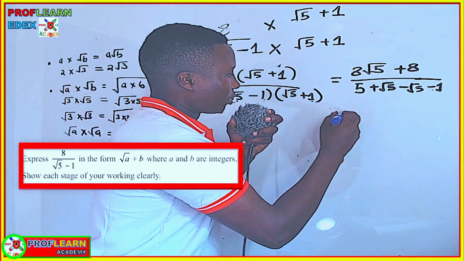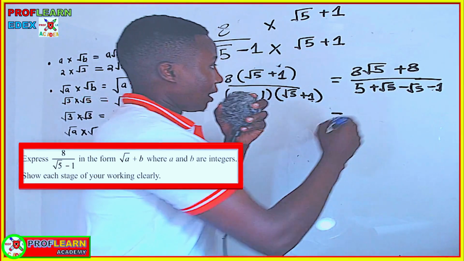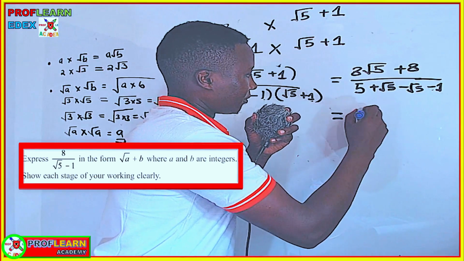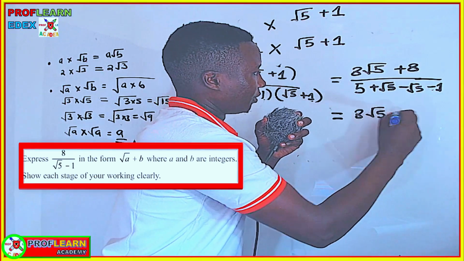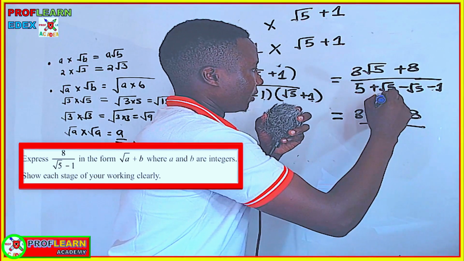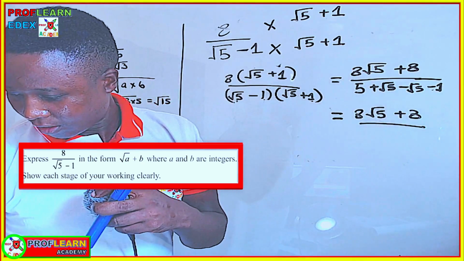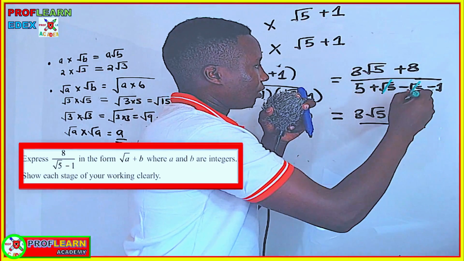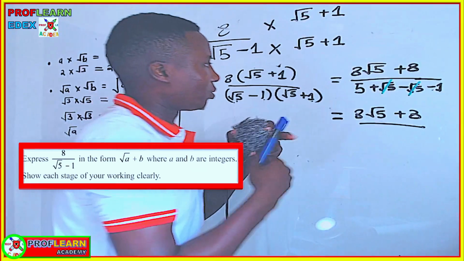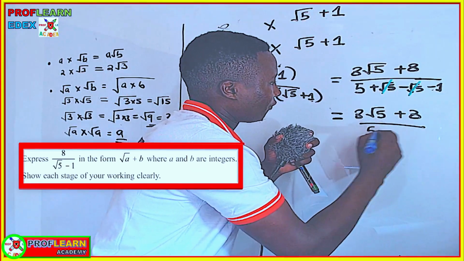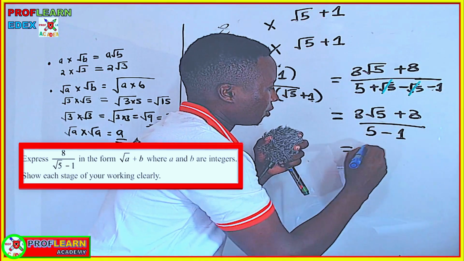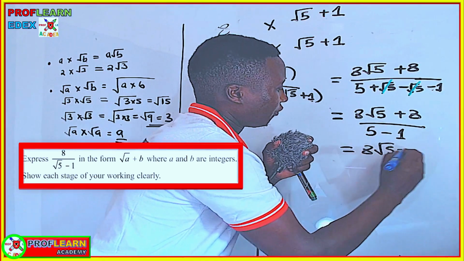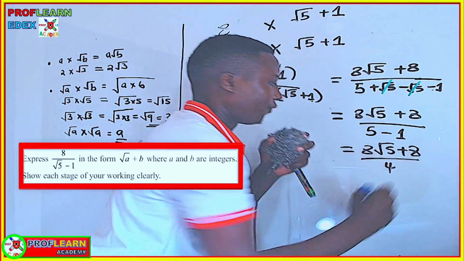So we can simplify this now. This is going to be 8 root 5 plus 8, but these two terms cancel out, and we are left with 5 minus 1, which is 4, so 8 root 5 plus 8 over 4.